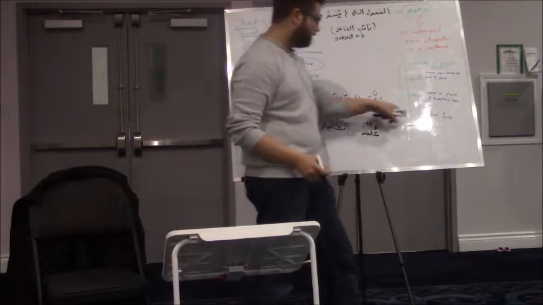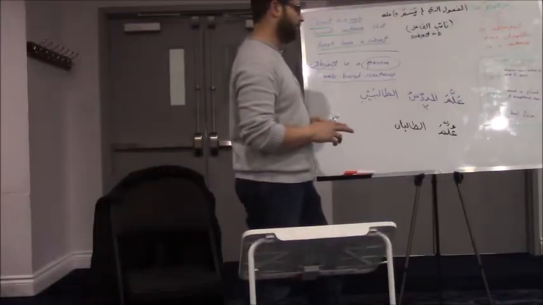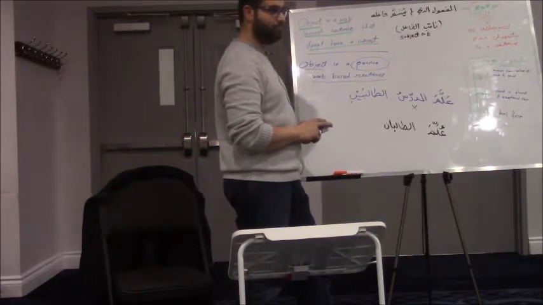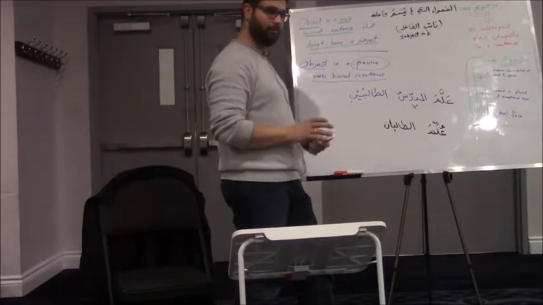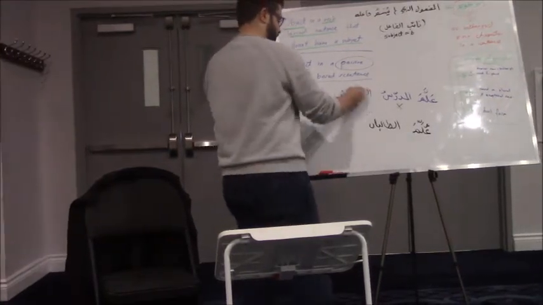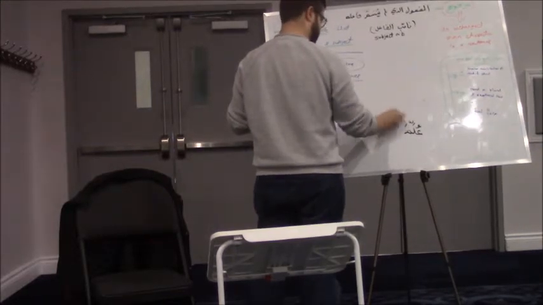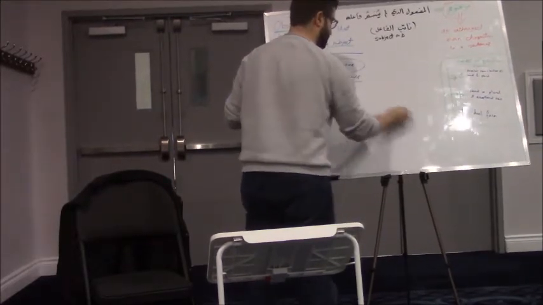Why? Because the alif is the mark of rafa' in the dual form, right? Is that relatively clear? Okay, give me some examples. Hit me with a few examples, we have like 3-4 minutes. Give me some examples, or if there are any questions you can ask.